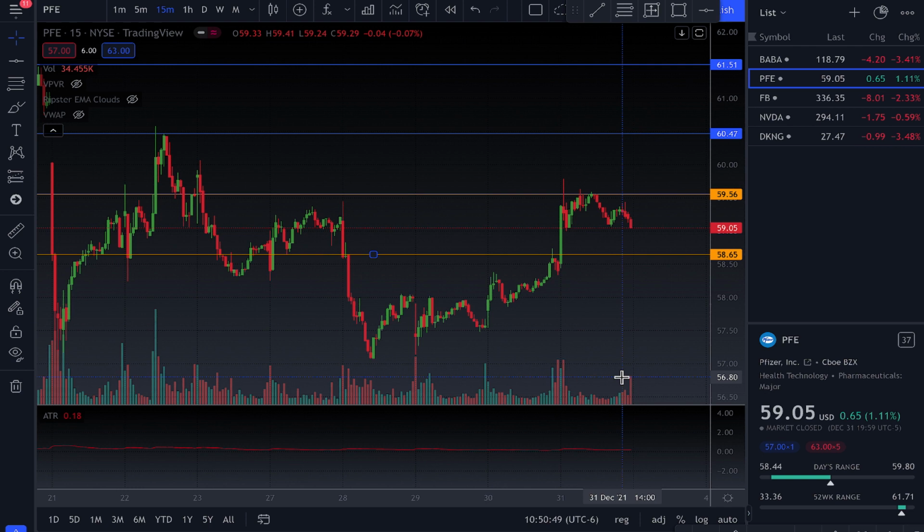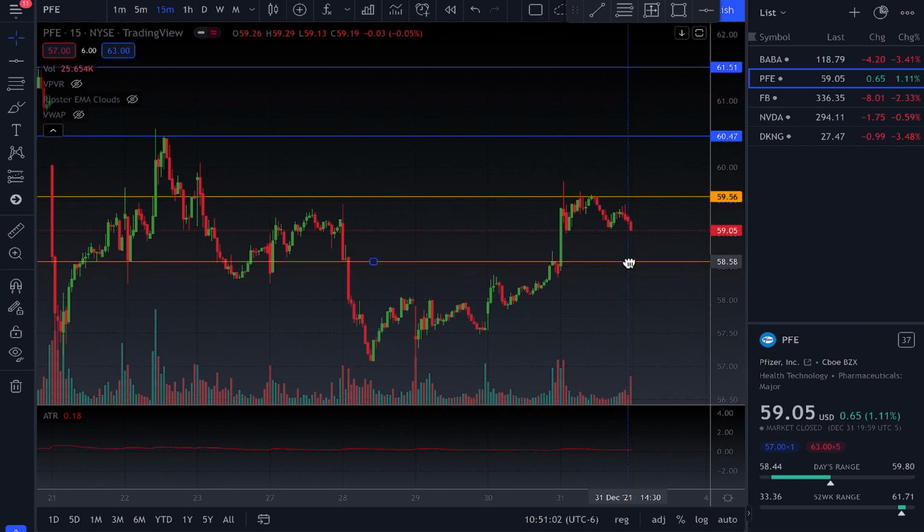Yeah, I like 58.65. See, it's 40 cents away. I could even lower it just a tad because there could be some underlying support here. So maybe about 58.60. Yeah, I like that a lot.